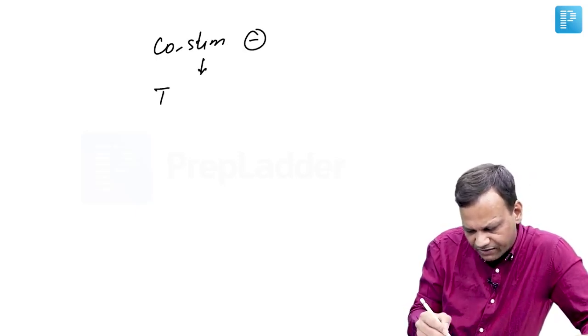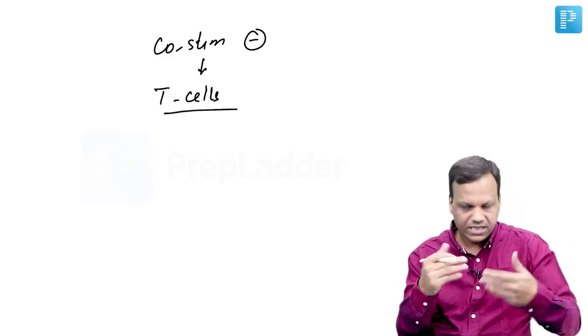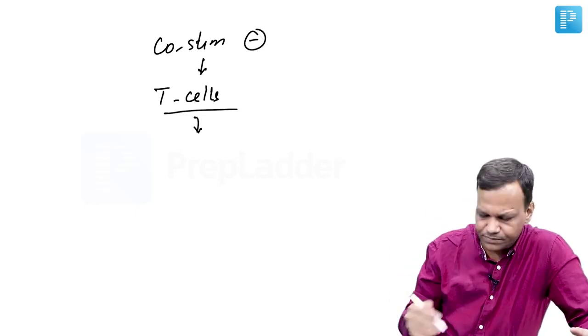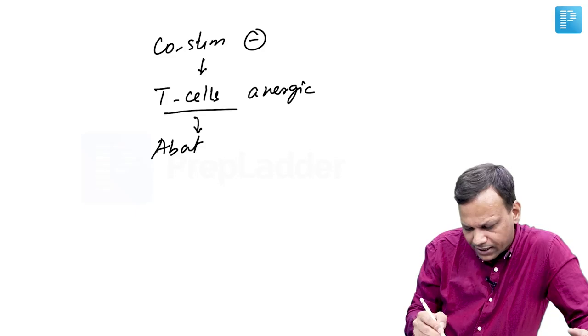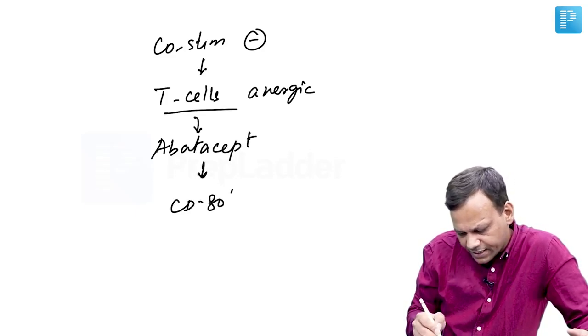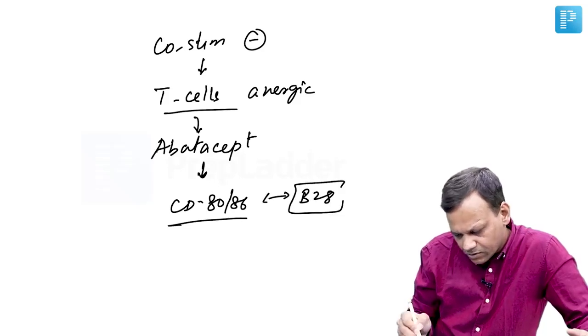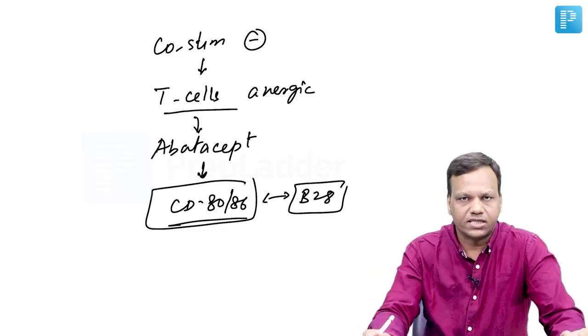Basically, it will inactivate T cells against the cells of the cartilage, and T cells become anergic. And what is the drug? The drug is abatacept. It inhibits the interaction of CD80-86 with CD28. So these are the main drugs which are used in rheumatoid arthritis.